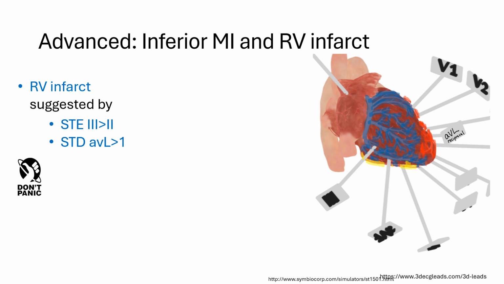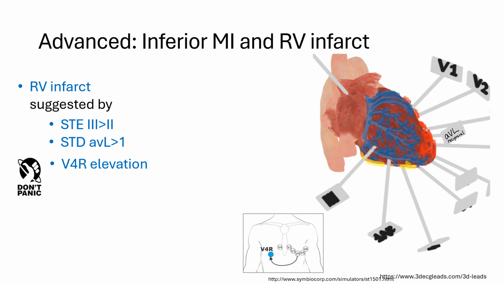Now don't panic, but it's also supported by V4R elevation, which is when you take a lead and put it on the right side of the chest, about where V4 would be if we were placing all the precordial leads on the right side, and STE in V1 and an isoelectric or depressed V2.